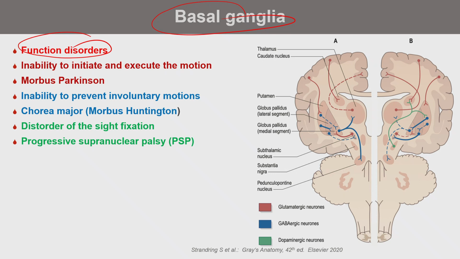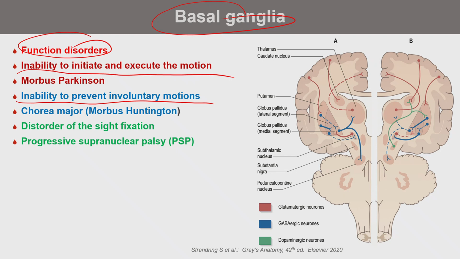And those are motion disorders. Motion disorders could be divided into Parkinsonian, which are unable to initiate and execute motion because of the most prominent stiffness of muscles. And also, when the basal ganglia are involved in the part of caudate, head of caudate, there is inability to prevent involuntary motions.